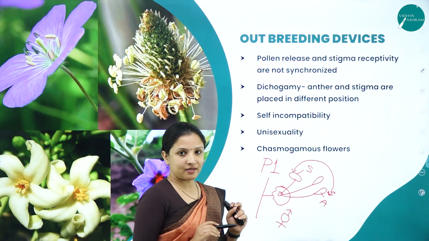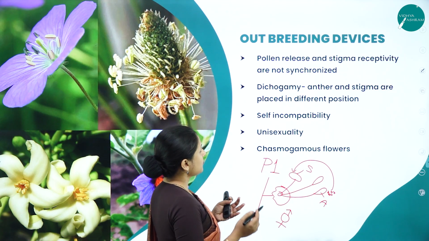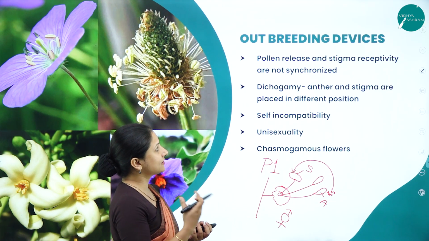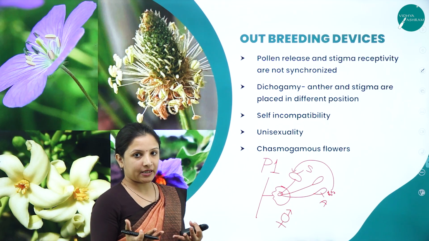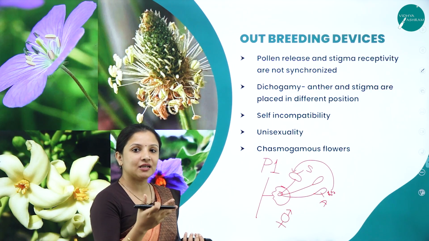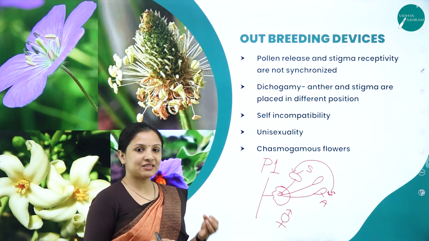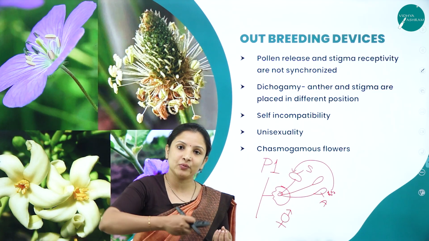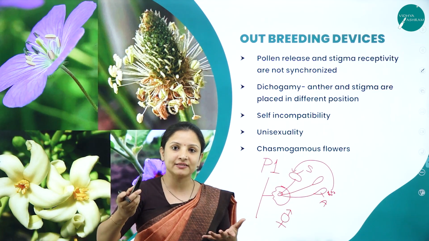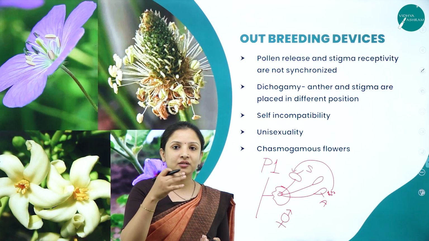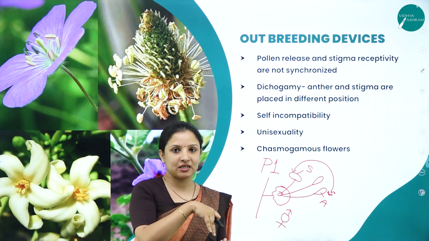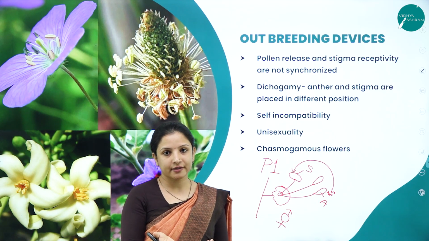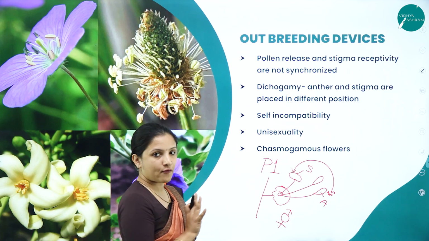So what the plant does is, it will release the pollen and the stigma at different times. That is, it will release the pollen when the stigma is not mature enough. The stigma will be at a young age itself, but the anther will mature very fast and release the pollen grain, so that even though the pollen grain falls on that stigma, self-pollination will not be achieved. That is one of the techniques followed by the plant.